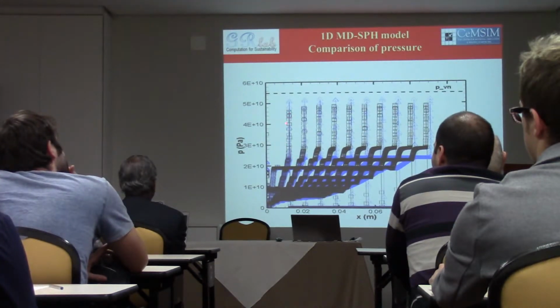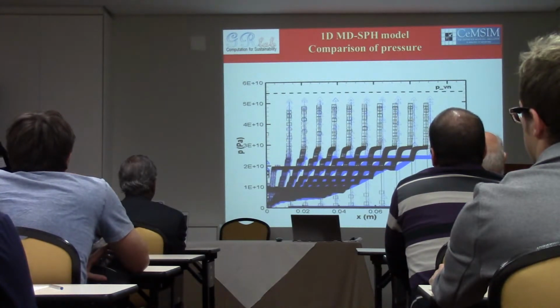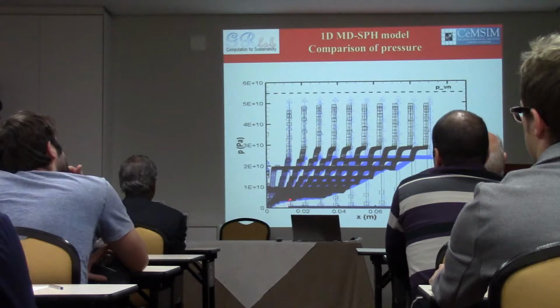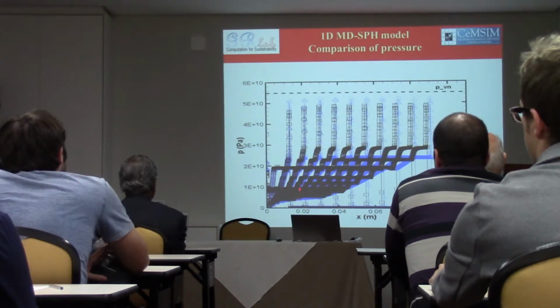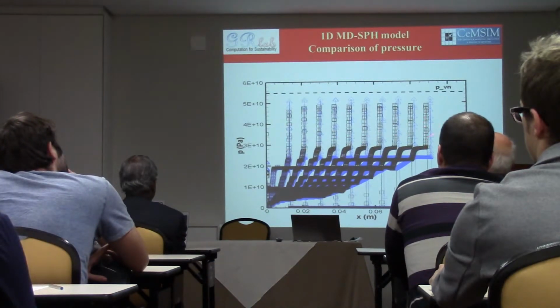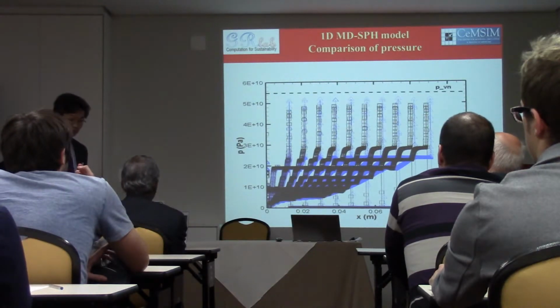This is at 10 microseconds, where the shock front is here. Another 10 microseconds, the shock front comes here. As time goes on, the shock wave front propagates through the one-dimensional explosive.